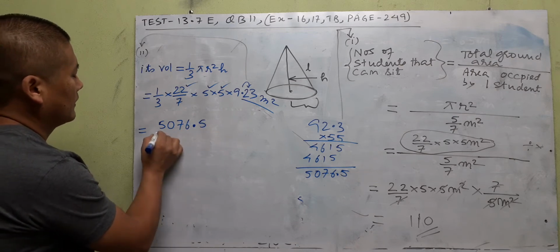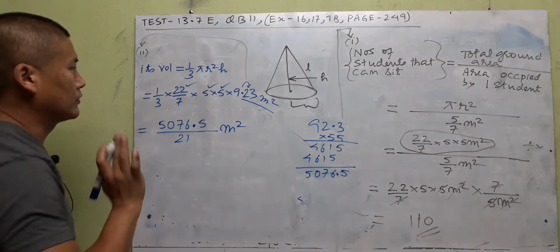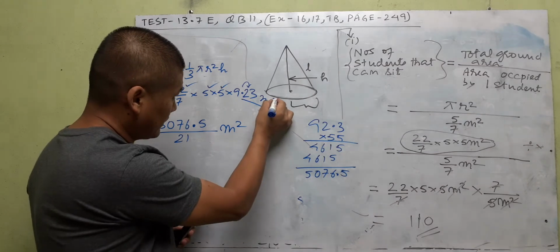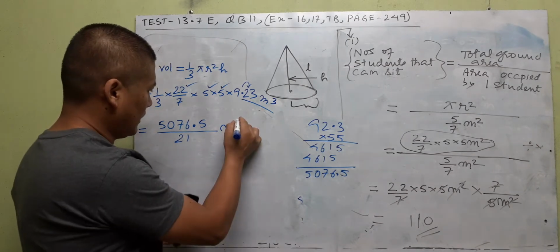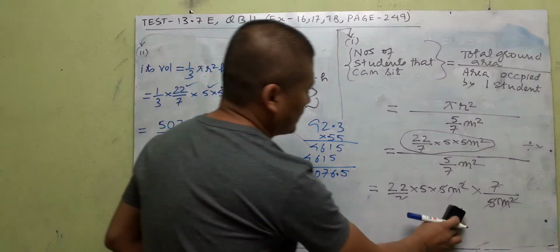5076.5 divided by 3 sevens are 21. We can't cancel anything, so this is your volume, which is 3-dimensional, sorry, meter cube. So it's just a matter of patiently dividing this value. So let us do that.